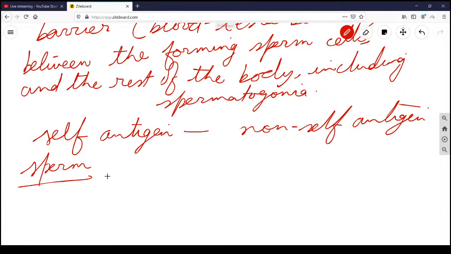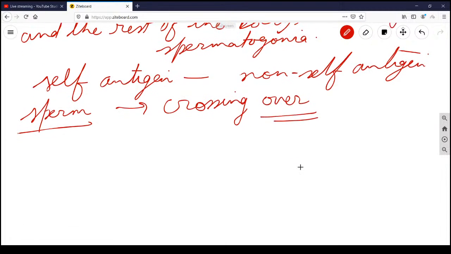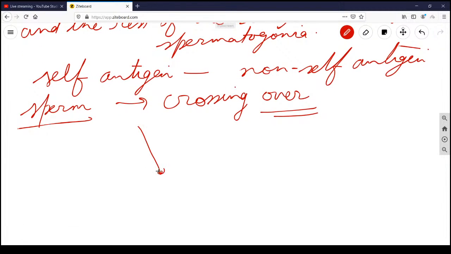Now you will say sperm is produced in our body. Why would it happen in sperm? So how does a sperm get produced? Sperm get produced by meiotic division. In meiotic division, we have a process of crossing over, right? The crossing over generates variation.